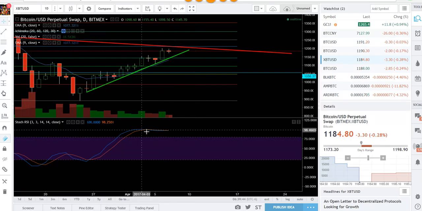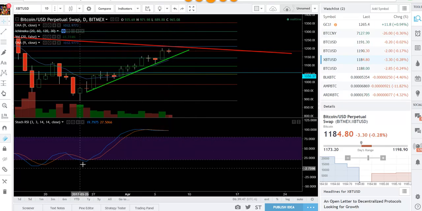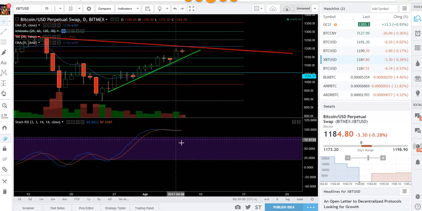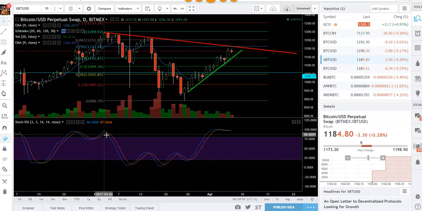But what we're really looking for here, just to keep it simple, is that when the blue line crosses the red line, we start to grow again. And the same way at the top, when the blue line falls below the red line, we're starting to decline in strength. So this will oscillate up and down.